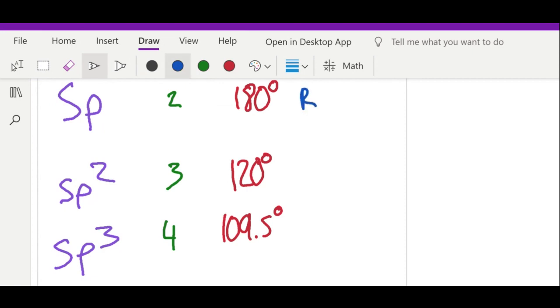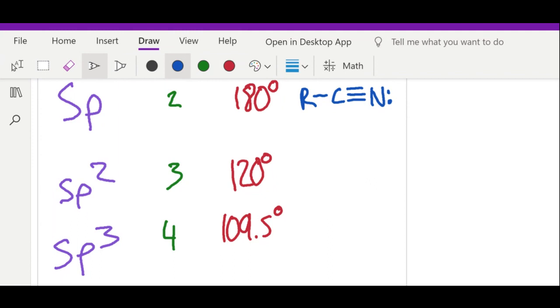we have an R group bonded to carbon, which is triple bonded to nitrogen, which has a lone pair. Okay? So in this scenario, we would say the carbon has an sp hybridization, and we would also say nitrogen is sp hybridized. Okay?